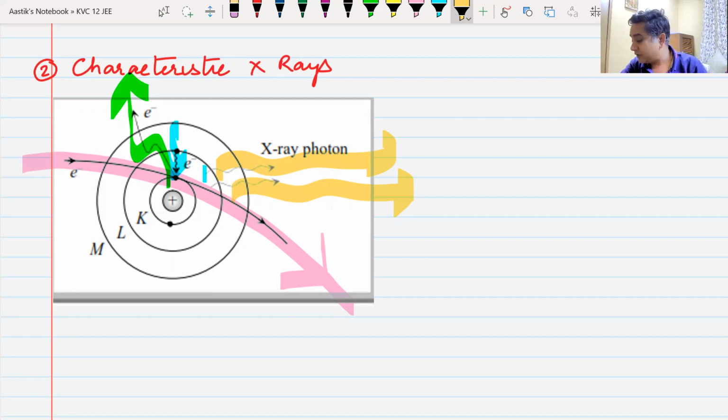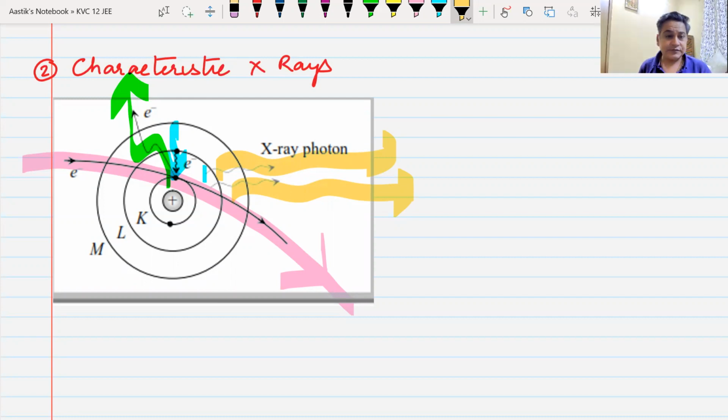So, if I have to describe it in short, this is how I'll describe it, and if you want, you can write it. How are these characteristic X-rays produced?